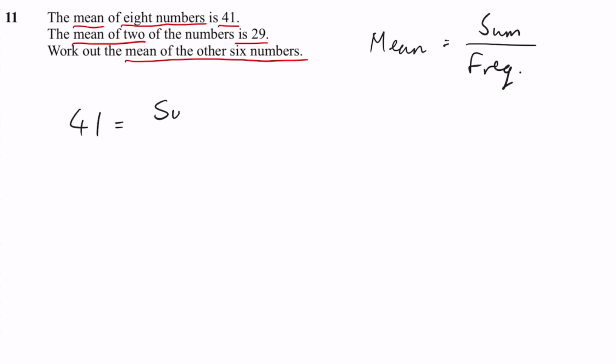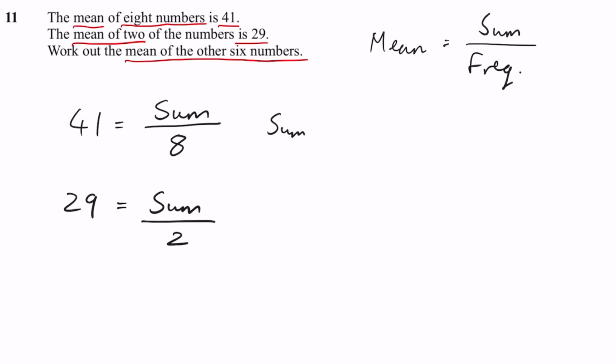I know the mean of 8 numbers is 41. So 41 is equal to the sum of those 8 numbers divided by 8. Now, the mean of 2 numbers is 29. So 29 is going to be equal to the sum of those 2 numbers divided by 2, because there's 2 items in that data set.